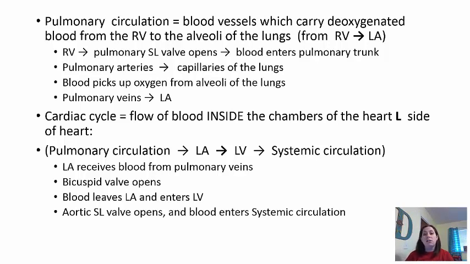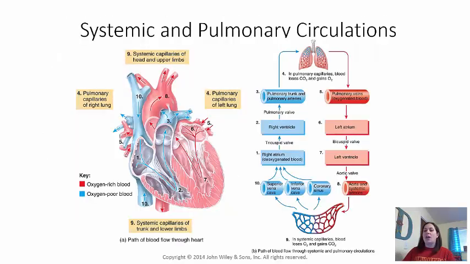This is a really good study tool because it is important to be able to trace a drop of blood from somewhere within the heart back to that same area. So in your textbook, you also have a really good example, and it shows you in two different ways how the blood flows through these areas of the systemic and pulmonary circulation. This is found on page 699 in your book.